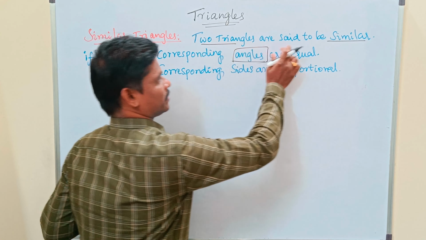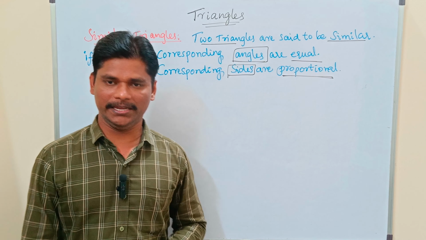If corresponding angles are equal and corresponding sides are proportional, those triangles are similar triangles.